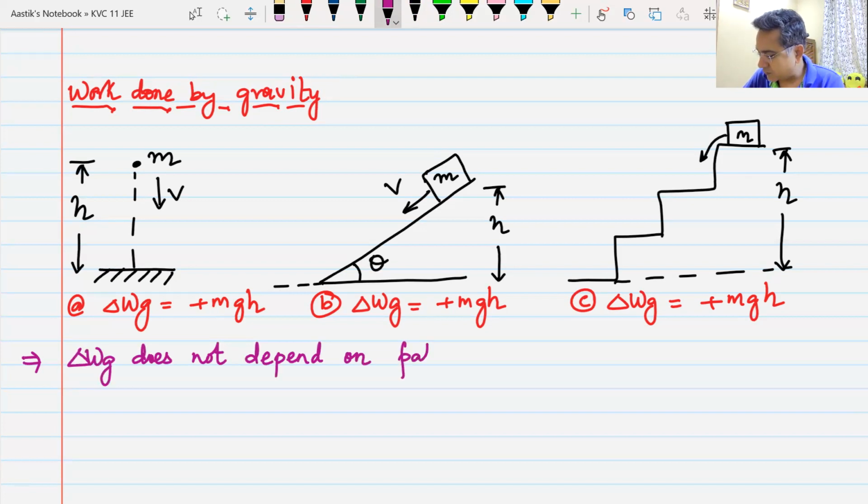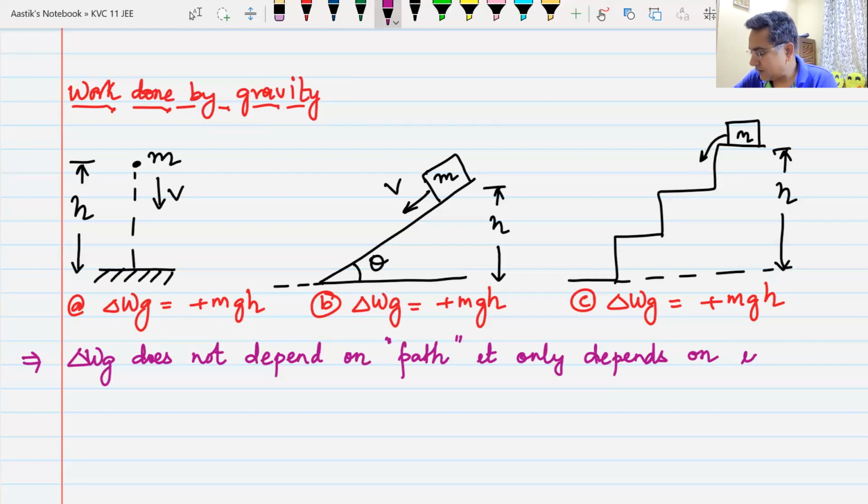It does not depend on path. How the body is falling, it does not depend on path. It only depends on its initial and final positions.